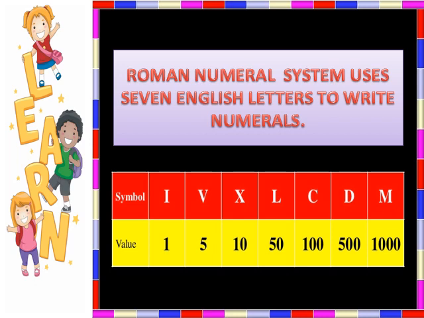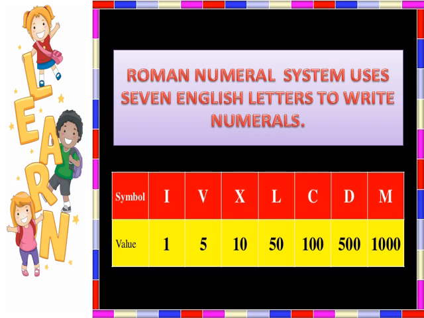Children, as you know, our Hindu-Arabic numeral system is the combination of 10 digits, which are 0, 1, 2, 3, 4, 5, 6, 7, 8 and 9. And the Roman numeral system is the combination of 7 letters of the alphabet.